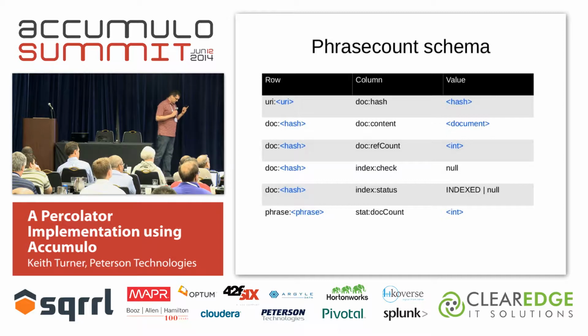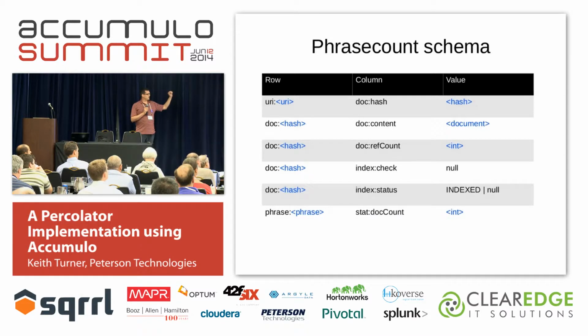So this is the schema for that example. Now the current implementation just stores all the data in one table. So since I'm storing everything in one table, I just put prefixes. I have a prefix for the URI, and then for the document, I'll have the document stored by its SHA-1 hash.